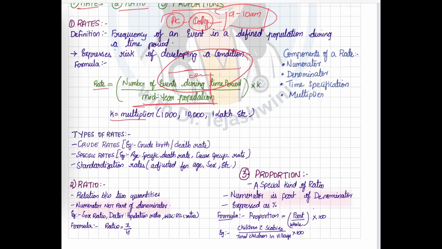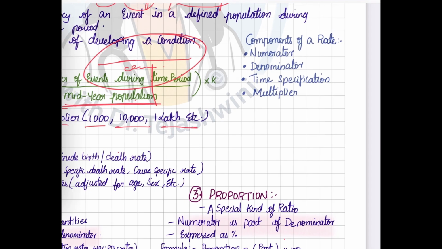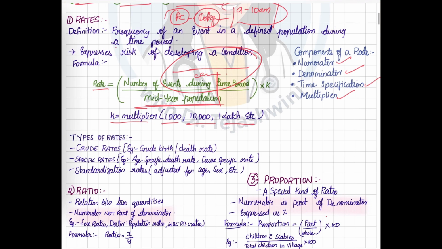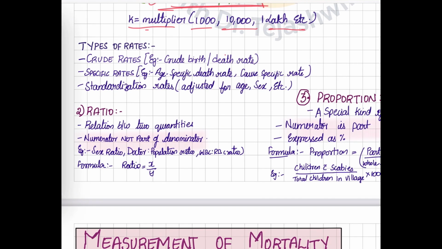We also have a multiplier, such as 1,000, 10,000, or 1 lakh. What are the components of rate? It has a numerator, a denominator, a time specification, and a multiplier. Next, types of rates include crude rates, such as crude birth rate and crude death rate, specific rates like age-specific rate and cause-specific rate, and standardized rates adjusted for age, sex, etc.